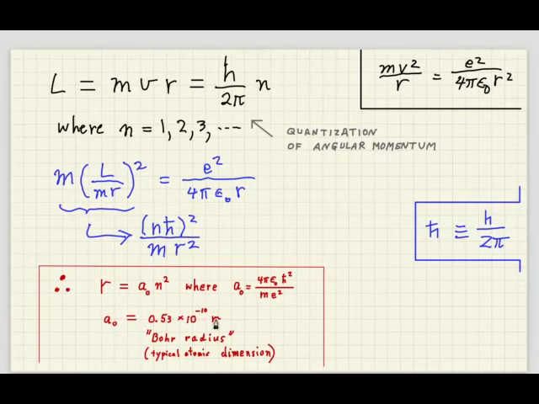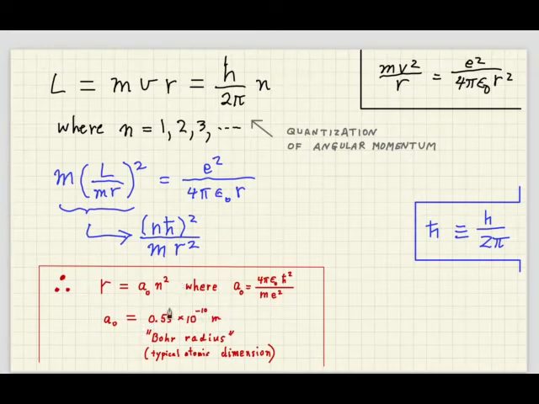Now that's for hydrogen. For other atoms, you might expect this to be a little larger because there are many electrons. On the other hand, you might expect this to be a little smaller because the charge of the nucleus is larger and pulling the electrons in closer. So it's not obvious how this would depend on Z, the atomic number.